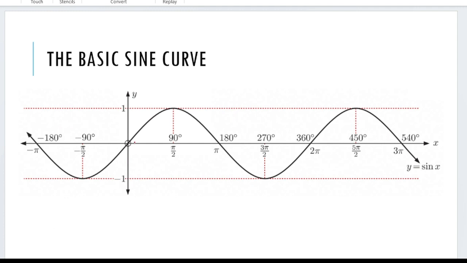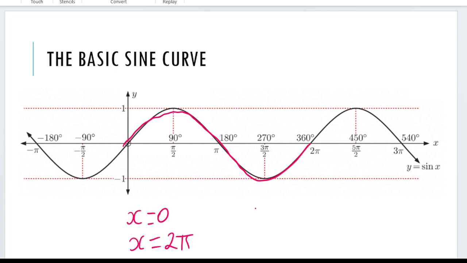So we've got our original curve, which goes from x equals 0 up to x equals 2 pi. And that's just going to repeat within that same period. So you can expect to see the same values in the y-axis just by adding 2 pi to that x value.